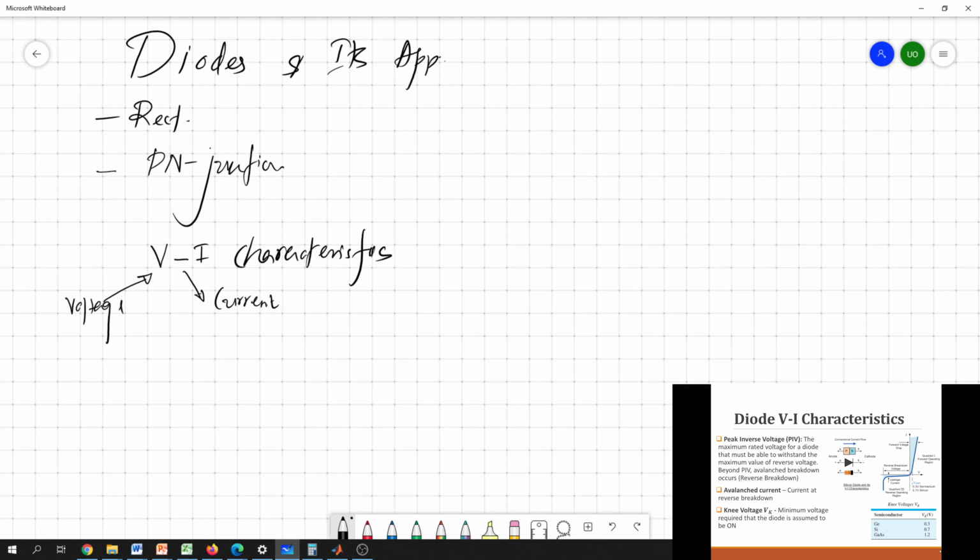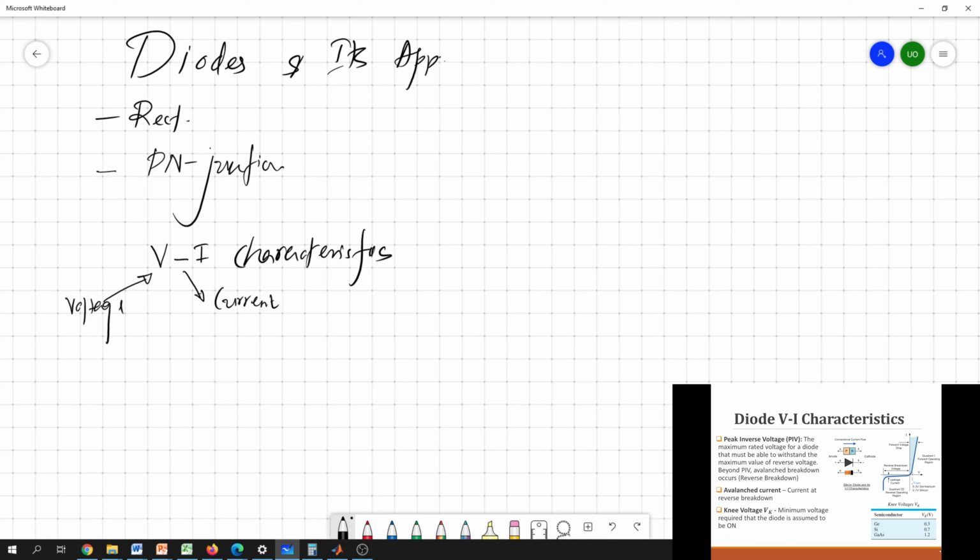So we are interested in the voltage and current characteristic, that is, what happens to the behavior of the current when you apply a voltage across this PN junction.